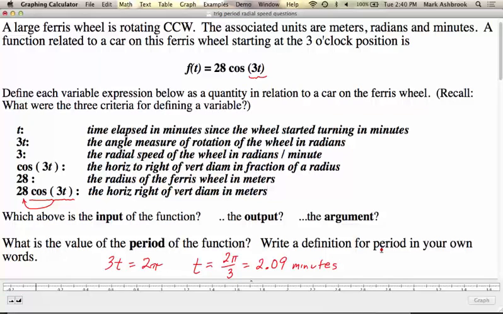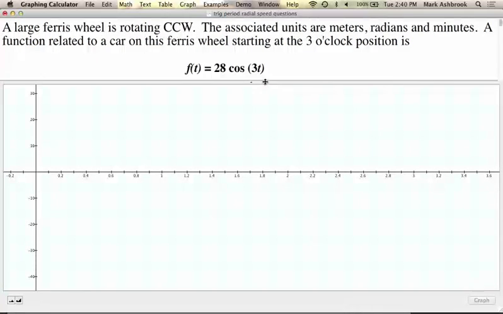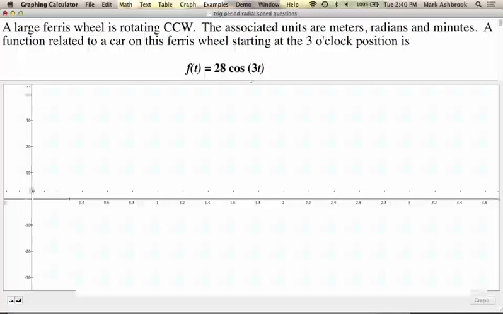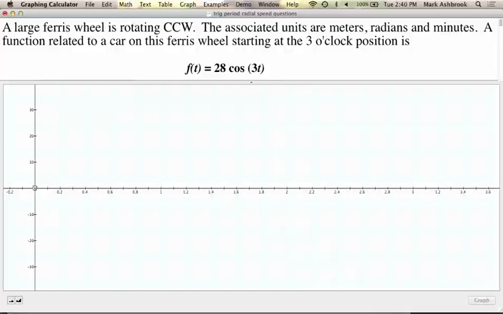Okay, so we got all this info, and we can sketch it ourselves. No technology. Here we go. We start with a full period. We said was what? 2.09. So here is from 0.